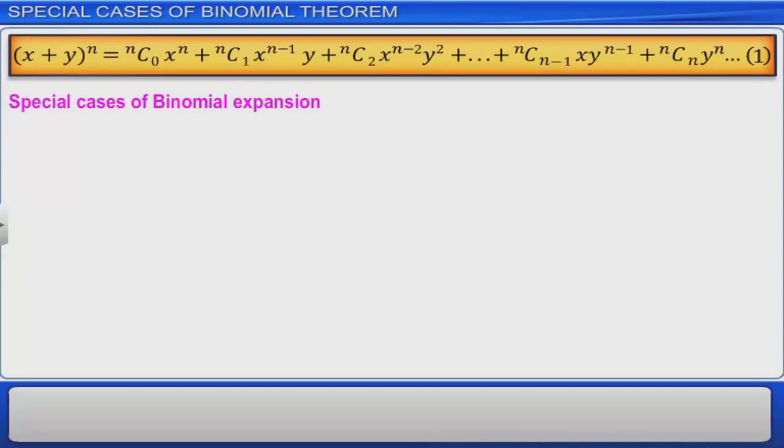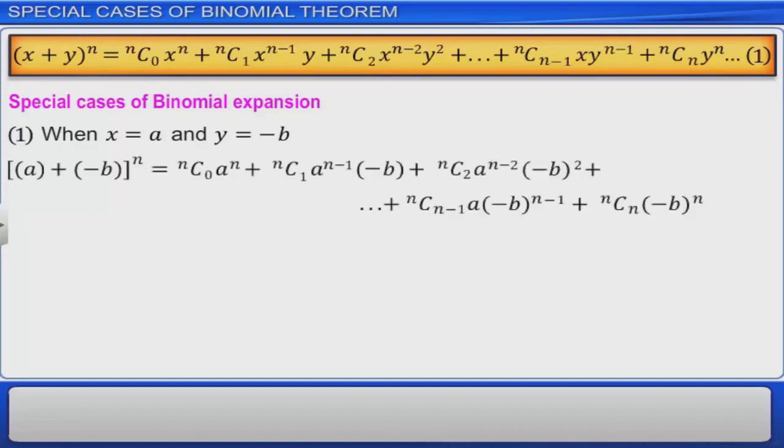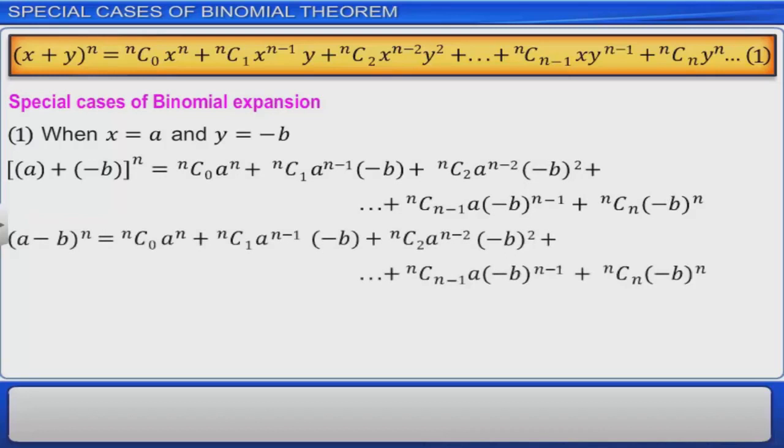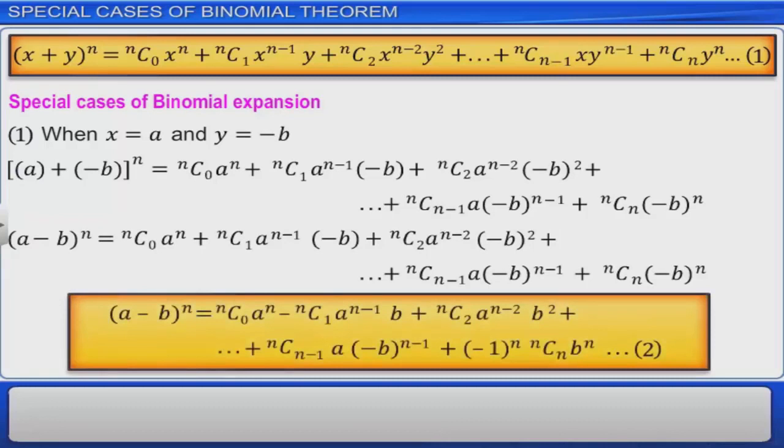Let's begin with the first case when x is equal to a and y is equal to minus b. Substituting the values of x and y in equation 1 and then simplifying, we get the expansion as shown. Denote this by equation 2.